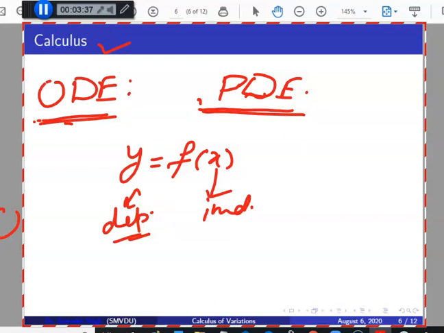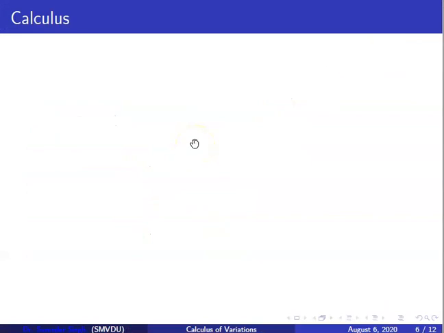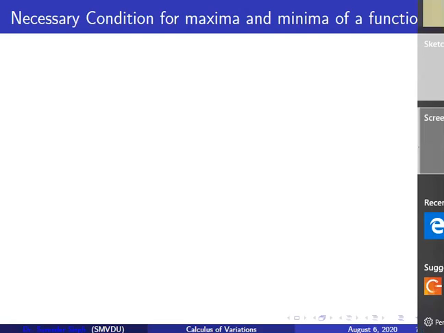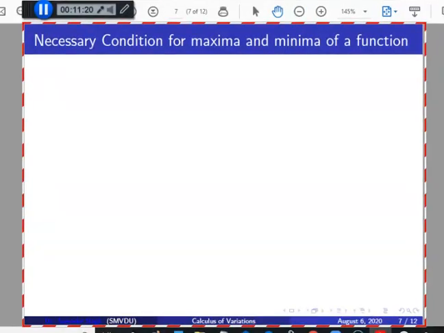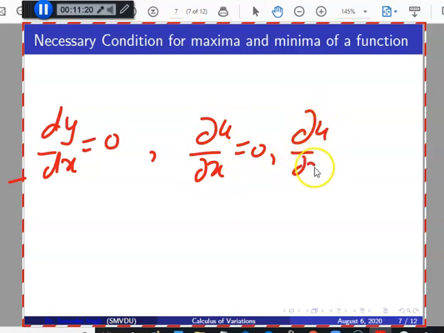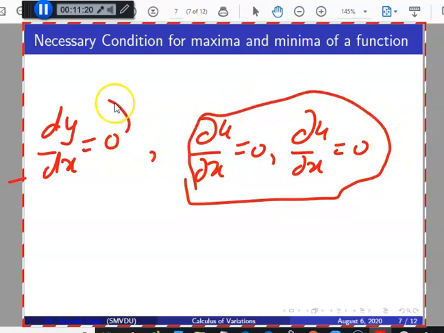In a similar manner, I told you that the necessary condition for the existence of maxima and minima of a function is dy by dx if it is a function of one variable, and for a function of two variables it is like this. By solving these two equations you can get the point of maxima or minima. For one variable you get the point of maxima or minima by using this equation, and for two variables by using these equations.